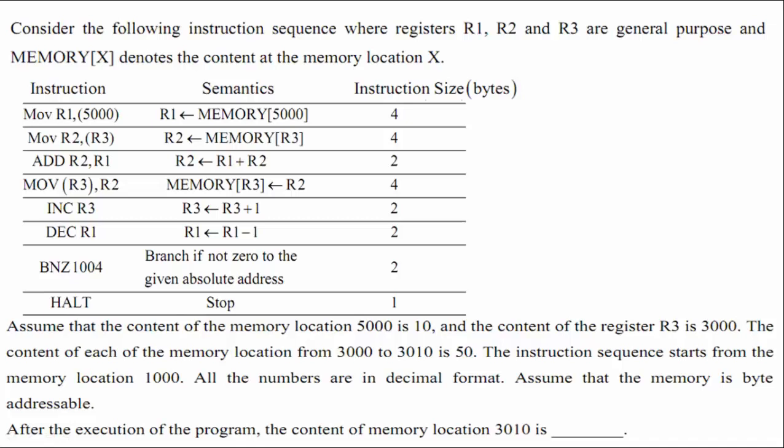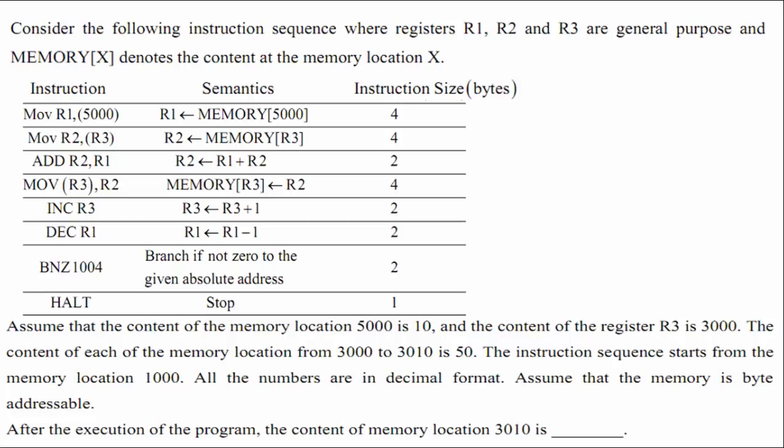If you want to find out the content of the memory location right after the execution of the program, first of all, we should be able to dry run the program. We are going to understand what the contents of the registers and memory locations are initially, and how these get manipulated right after the execution of each and every instruction.